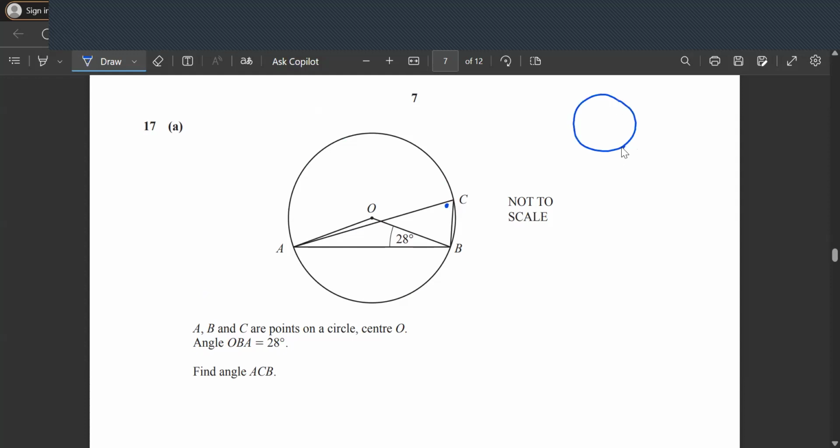If I have a tangent like this and a chord like this and a circle like this, whenever I have a tangent and a chord, the angle between the tangent and the chord equals the angle opposite to the chord. Whenever I have a tangent and a chord, hold the chord and go out with your fingers from the start of the chord and the end of the chord.